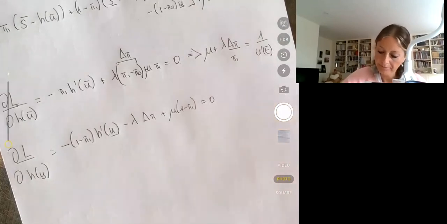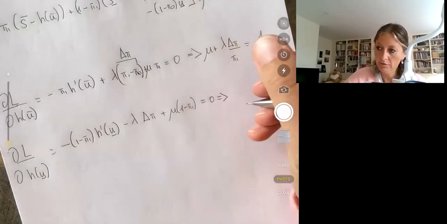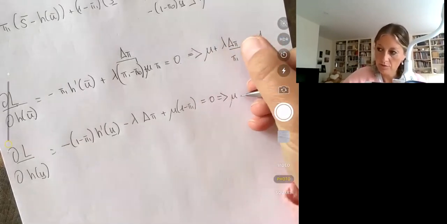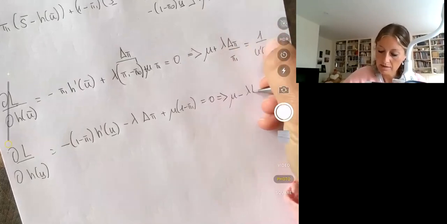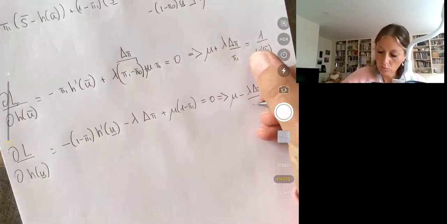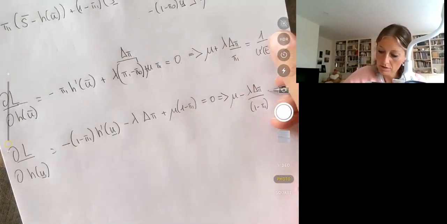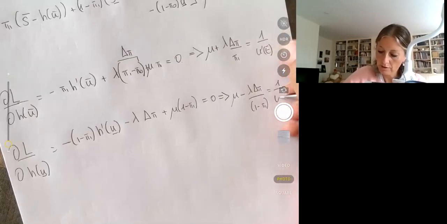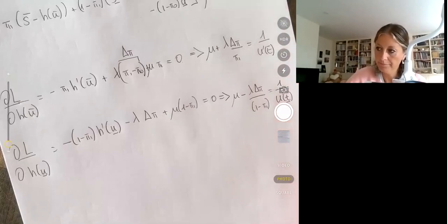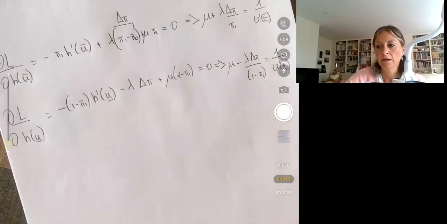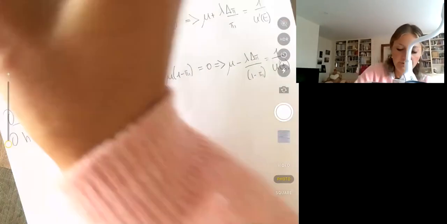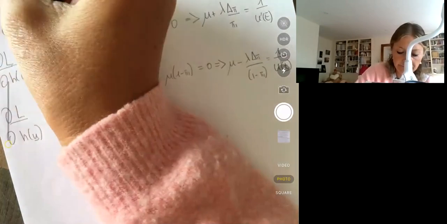And from the one below, we have mu minus lambda delta pi divided by 1 minus pi 1 equal to 1 over u prime of t lower bar. Okay? These are the first order conditions.